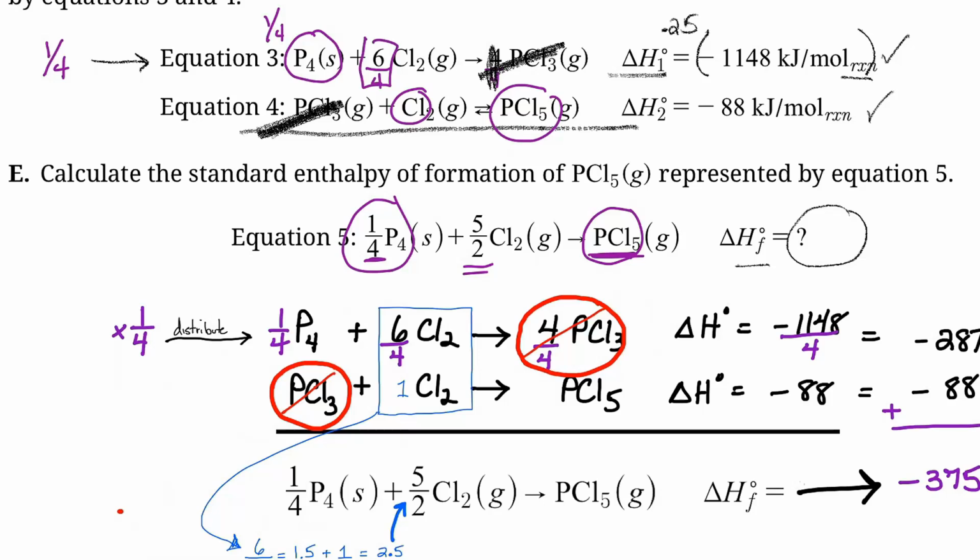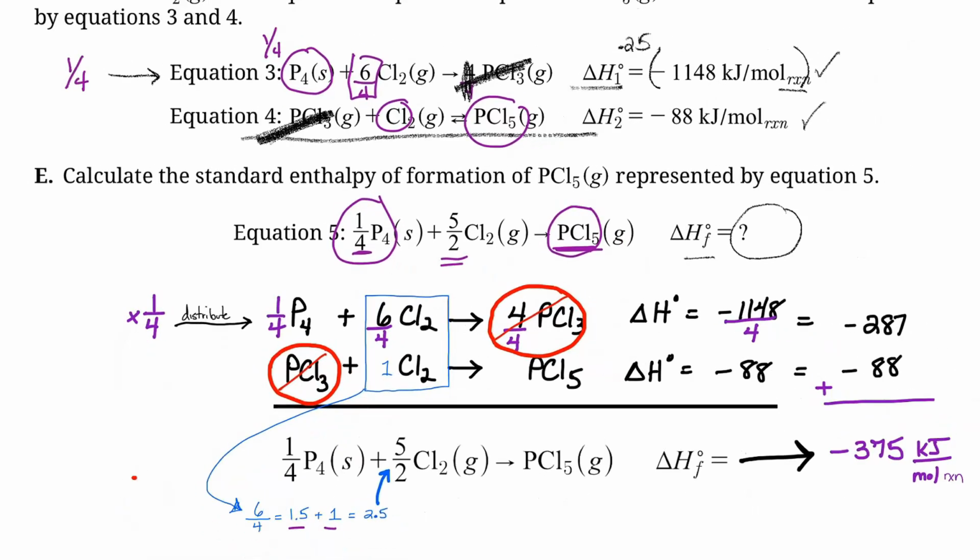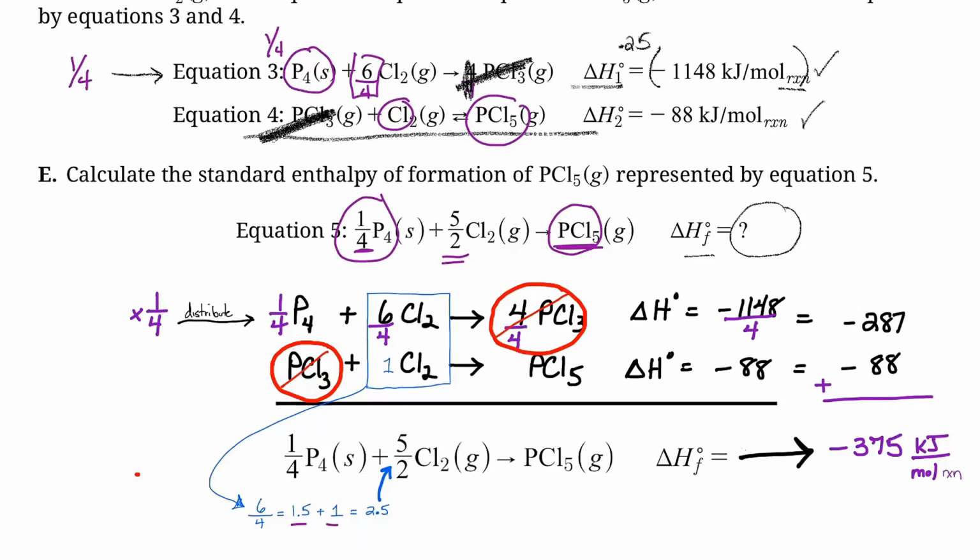What you do to individual steps to cancel the overall, you've got to do to your delta H's. So all that was timesing by 1/4, and of course that's what I have here, and then add these together. All right, and you get your overall.